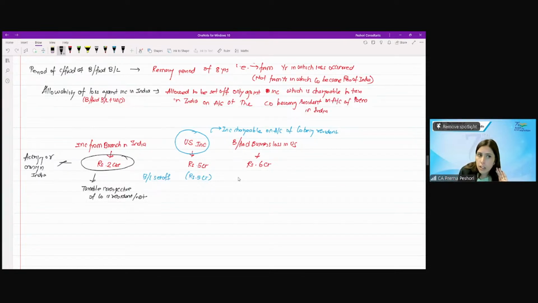So for a non-resident, any income accruing or arising or deemed to accrue or arise in India is any which way taxable in India. This 5 crore was arising outside India. It is becoming taxable in India because now the company has become resident of India. So only against this income we will allow 5 crore. We will not allow the set off of 1 crore against the Indian income. Are we clear?